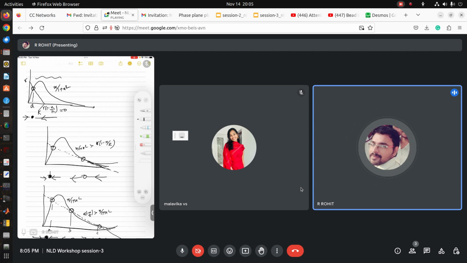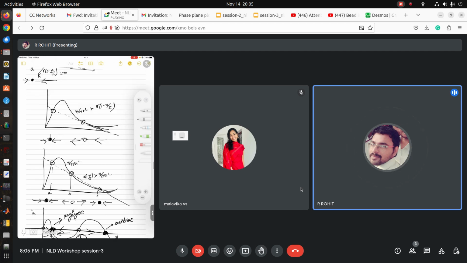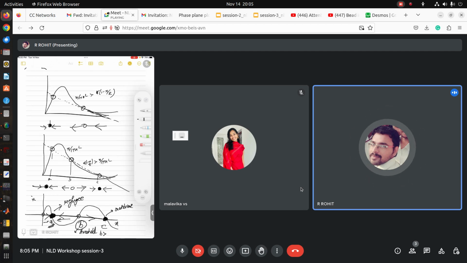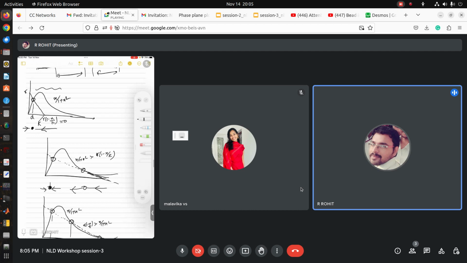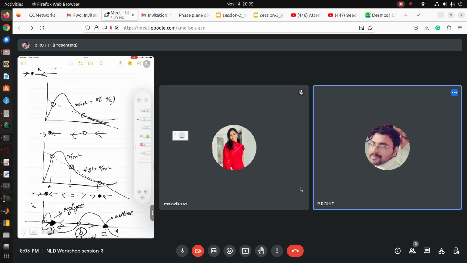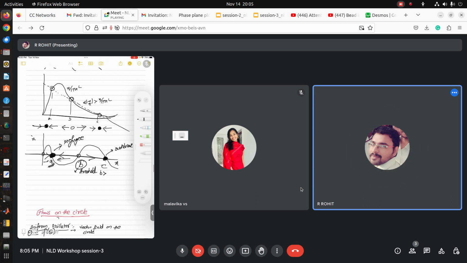That was of interest. And if you observe here, the bifurcation that the system has followed is, initially you had only one fixed point, and then eventually you had one more fixed point and you had 3 fixed points. Now if you look in the backward direction, you had 3, then it became 2, then it became 1. So this kind of bifurcation is what we have learned till now.